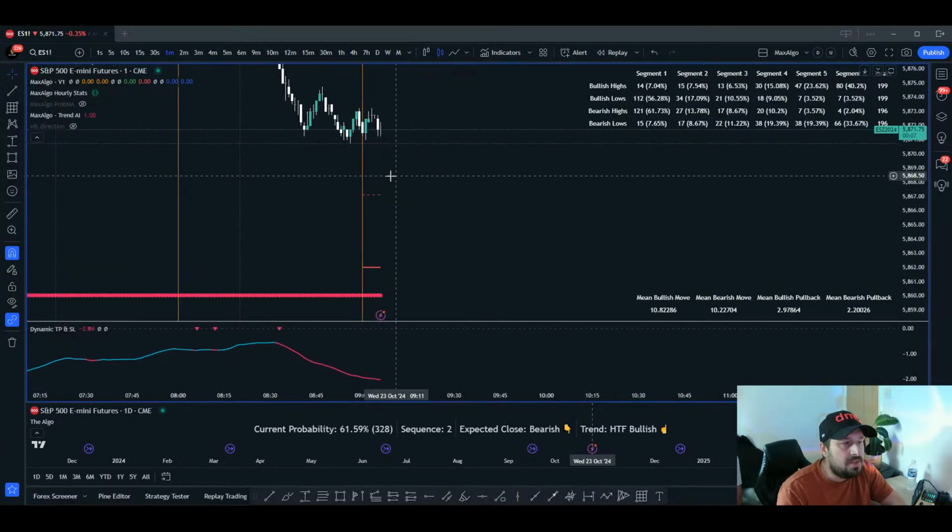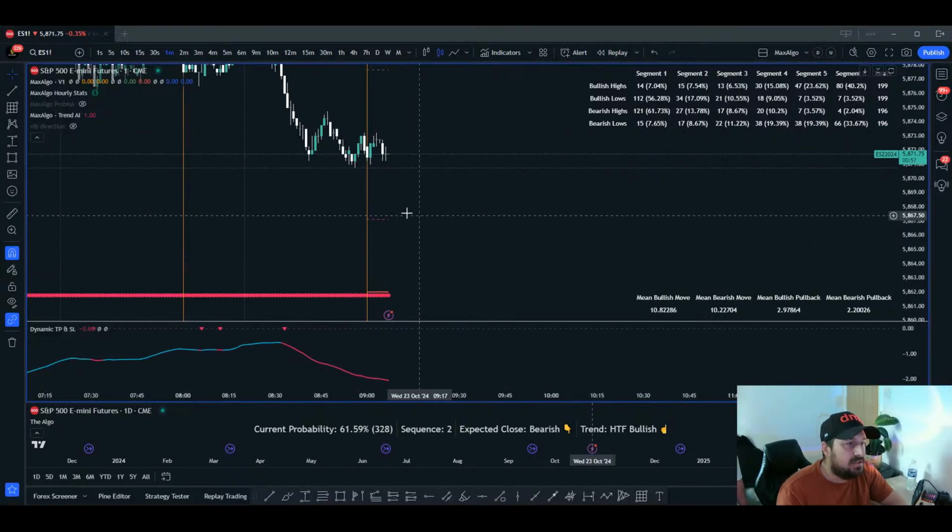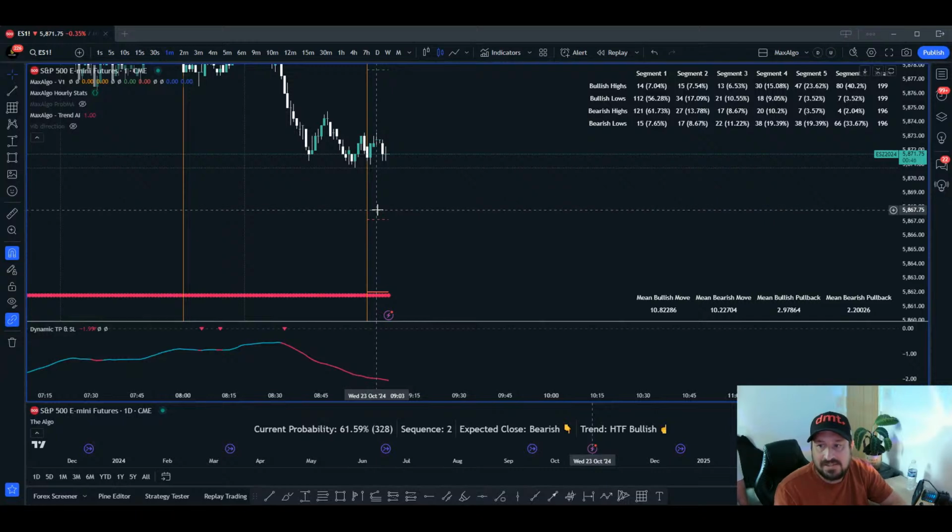So this gives you really high probability targets: this is where the average is, and this is where 50% of the average is. These will have percentages added to them very soon, so you can see the exact amount that hit that physical target. Everything will be statistical based, so it is actual, and you know the exact amount.